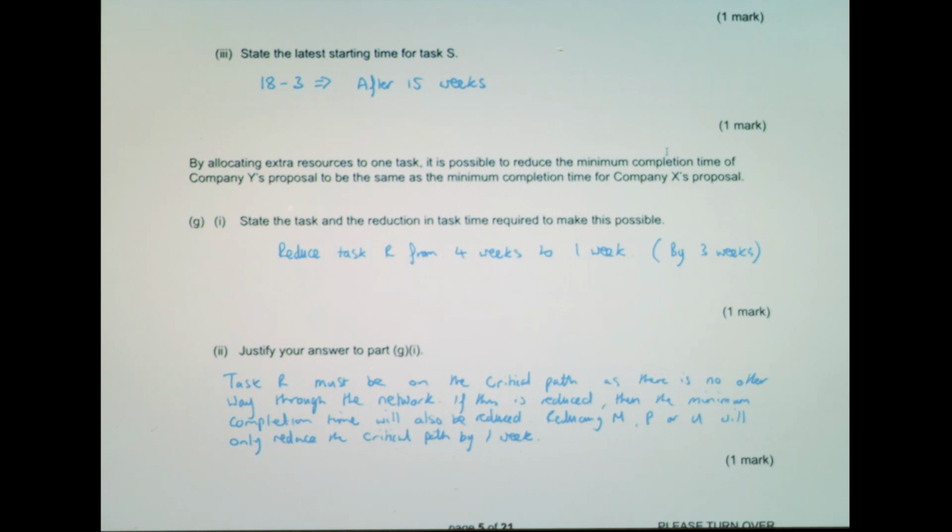It was a question they struggled with, because they naturally just grabbed a task that was on the critical path, not necessarily thinking about why it had to be a particular task. But essentially, if they're looking at the network and seeing that task R has to be on the critical path, the first statement that I've made there would be sufficient.